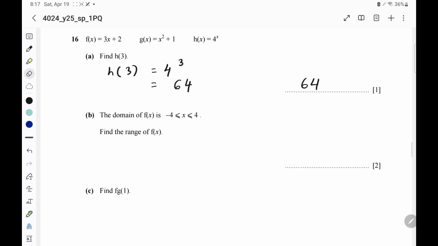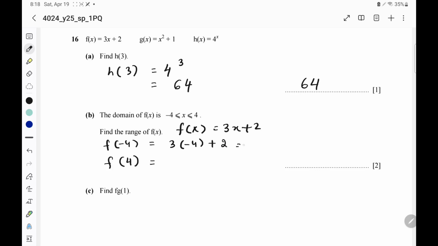Part B, the domain of f(x) is x and the range is y. They're asking you to find the range of f(x), for x from minus 4 to 4. So f(x) is equal to 3x plus 2, as you can see at the top. So f of minus 4 we find for the range, and in place of x we put minus 4. 3 times minus 4 plus 2, that is 3 times 4 is 12, minus 12 plus 2 is equal to minus 10.